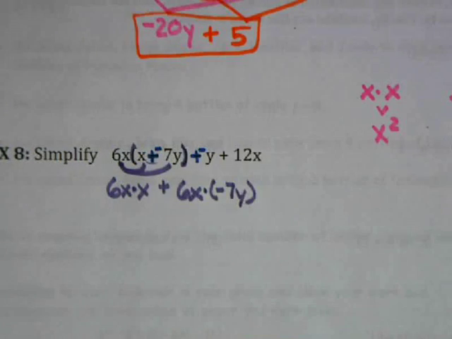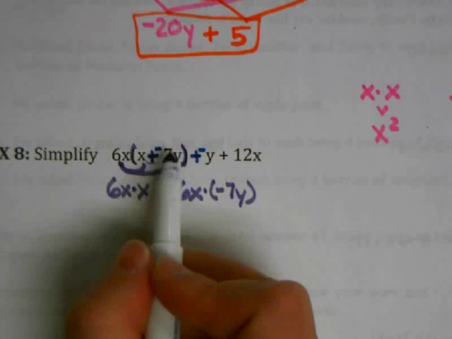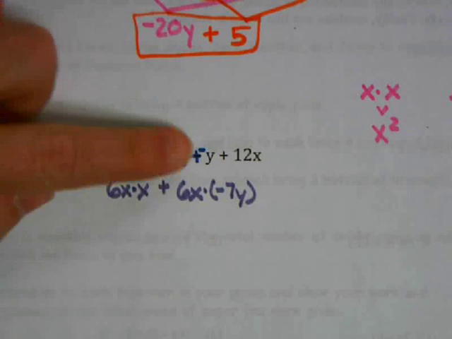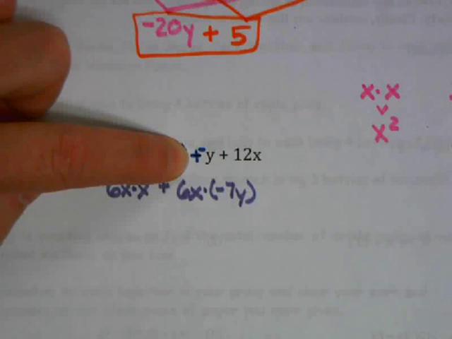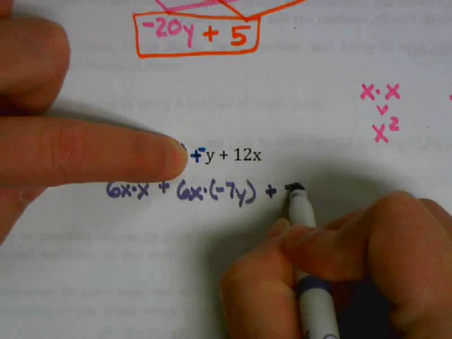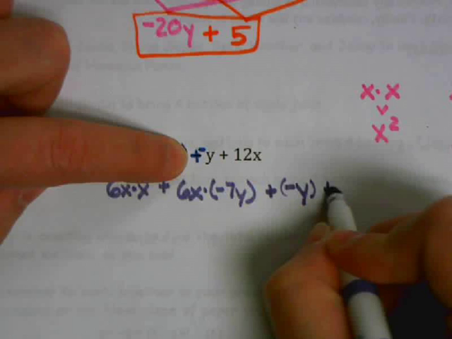Maybe I'll put the dot in between there. The parentheses end, so my distributive property ends. So I've still got all this hanging out there. What do I do with it? Just bring it down. We don't want to forget it, but it's not part of our distributive property yet.